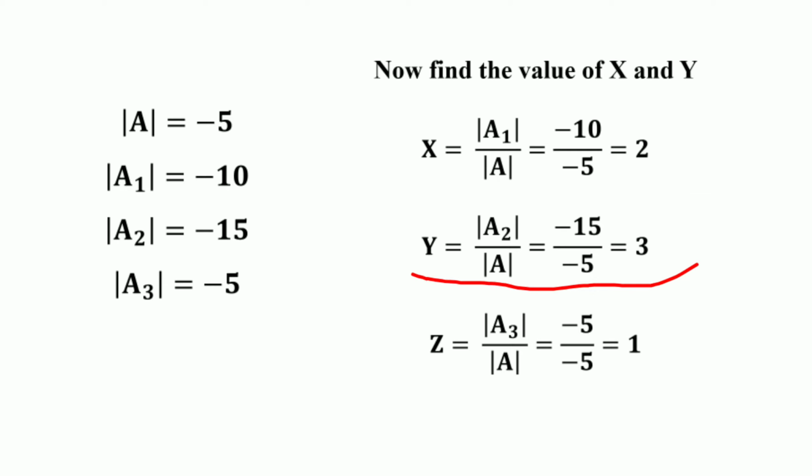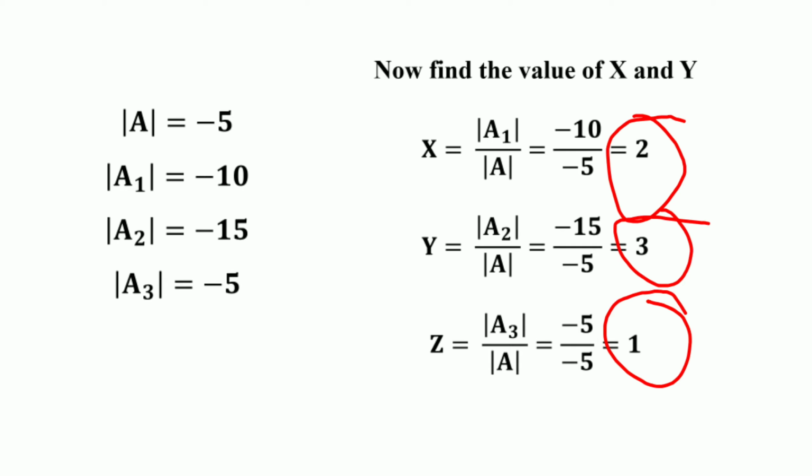Similarly, the value of y is determinant A2 divided by determinant A, which is minus 15 divided by minus 5, equal to 3. And similarly, the value of z is determinant A3 divided by determinant A, that is minus 5 divided by minus 5, equal to 1. So we received the values of x, y, z equal to 2, 3, and 1 respectively.